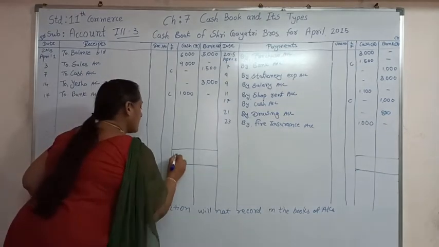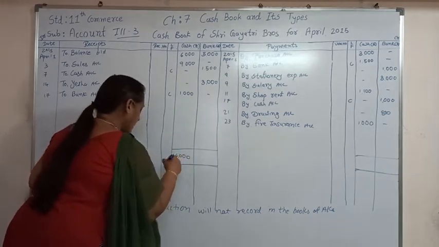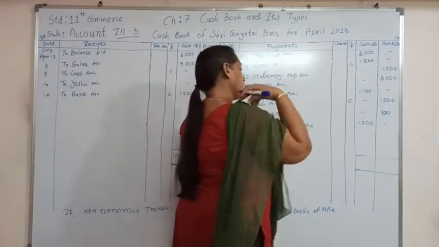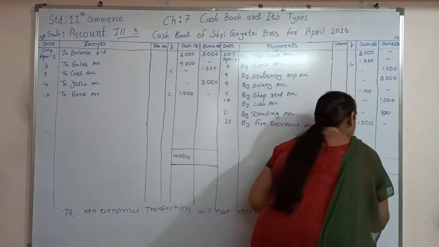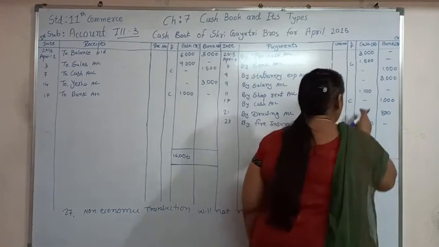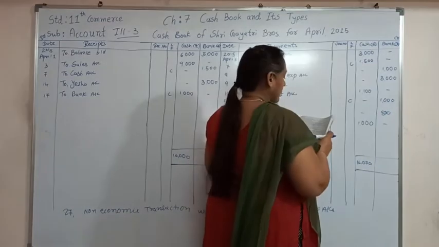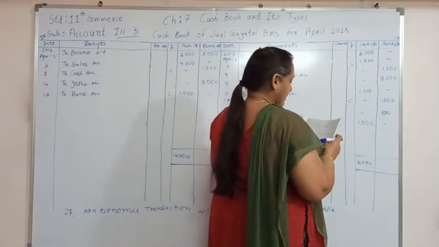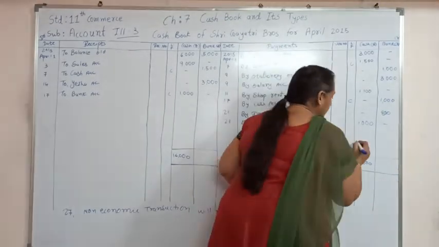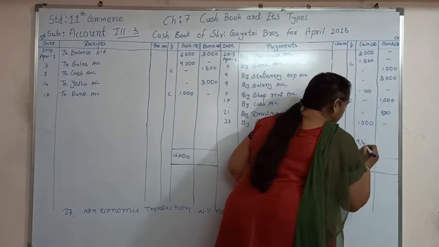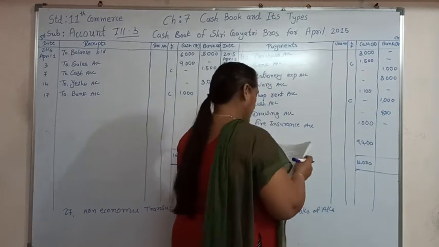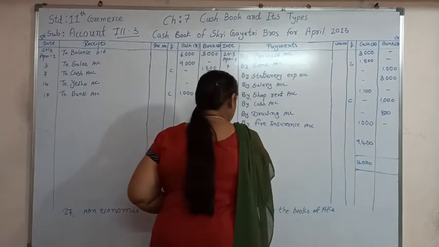So this is 16,000. This 16,000 we are going to take to the credit side. From this 16,000, if we deduct 3,000, 1,500, 1,100 and 1,000, the balancing amount will be 9,400, and this is on 30th date.